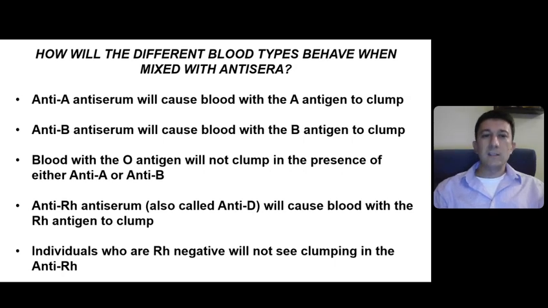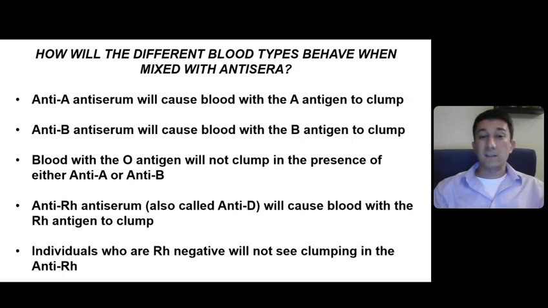And we do not have anti-O anti-serum because individuals with O-type blood, or the O antigen, their blood will not clump in the presence of either anti-A or anti-B. What that means is that by process of elimination, we would see that O-type blood does not clump in the presence of any of the anti-A or anti-B anti-sera. So if we see that, we can, by process of elimination, determine that that blood has the O antigen.